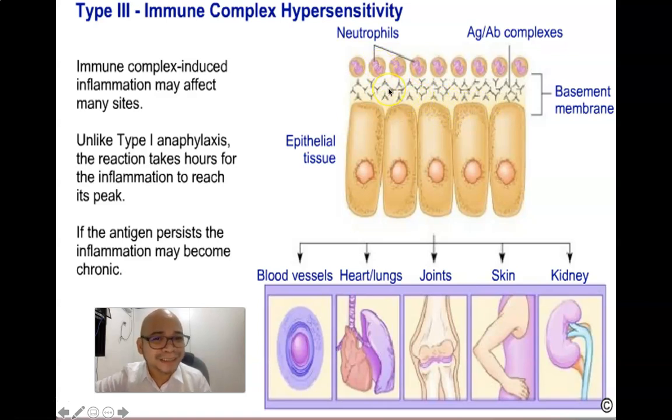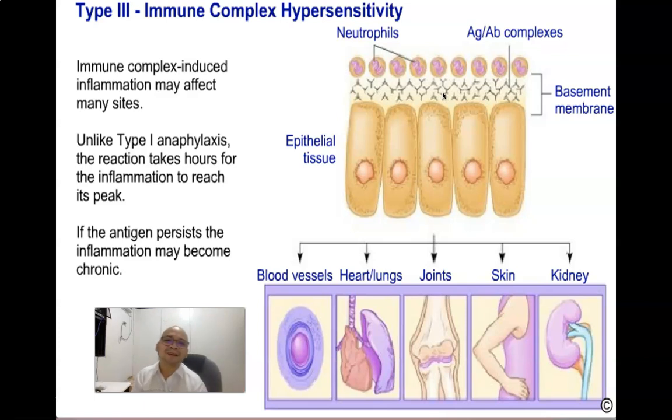Neutrophil will try to attack the immune complex, but instead of damaging the immune complex, it will damage the adjacent epithelial cells. So in this case, the target cells are the epithelial cells, but not the antigen. In type 2, when you attack the antigen, the target cell is also the cell that contains the antigen. For example, RBC. That's type 2.